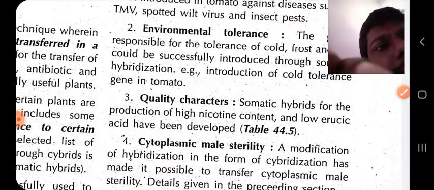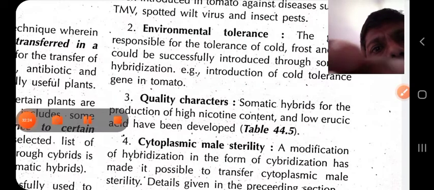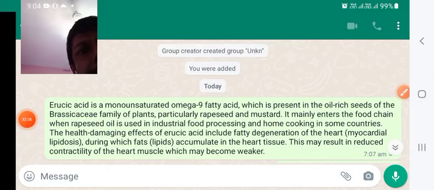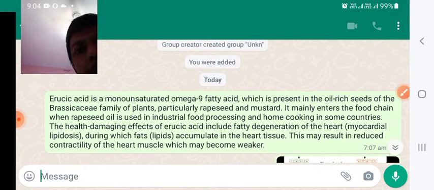So what actually is erucic acid? Erucic acid is a monounsaturated omega-9 fatty acid. It is present in oil-rich seeds, like for example in mustard plant seed and rapeseed also. It is normally used in industrial food processing and home cooking in some countries.